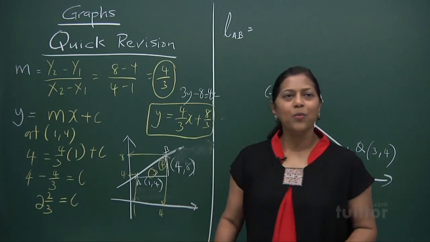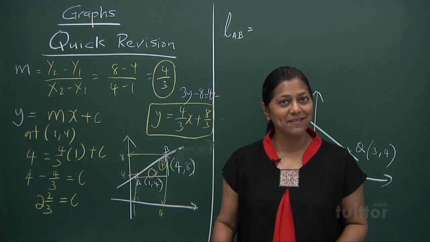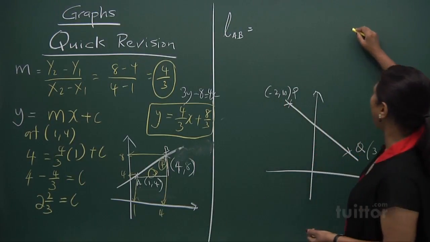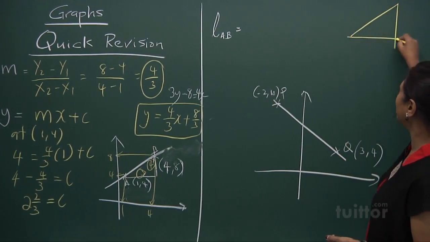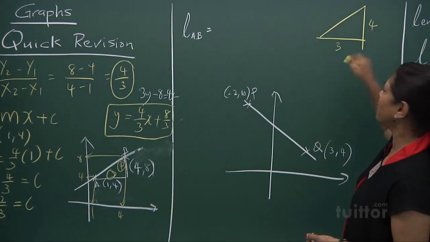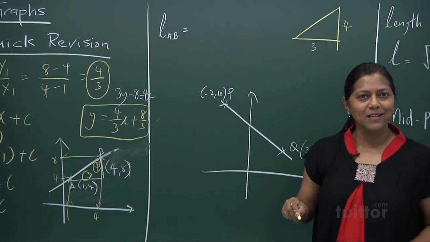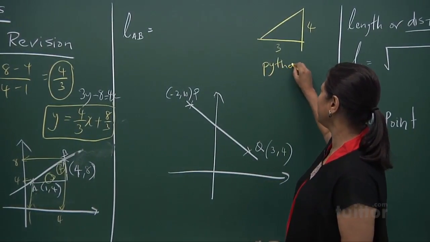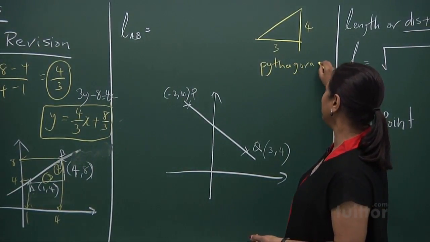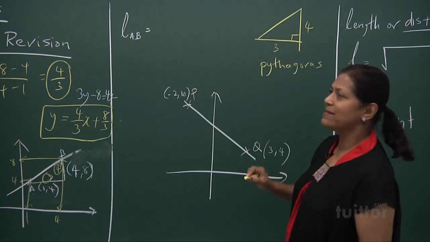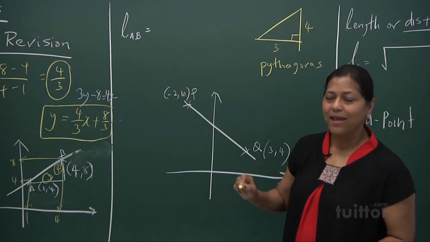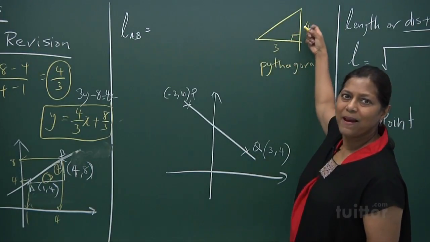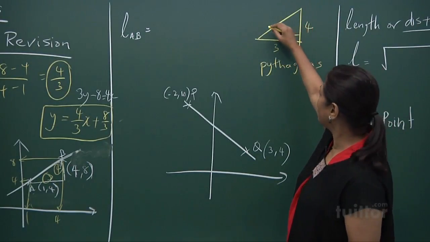Hence, you remember Pythagoras Theorem? When you have a distance of 3 units and 4 units, and the angle that it makes here is 90 degrees, then you get the length here to be equal to the square root of 3 squared plus 4 squared.